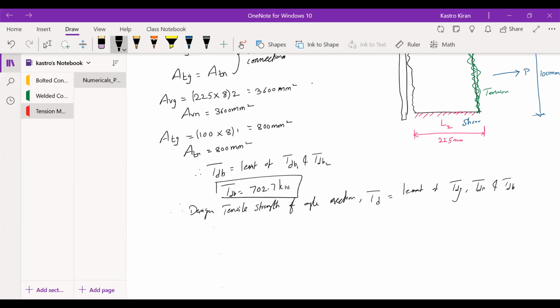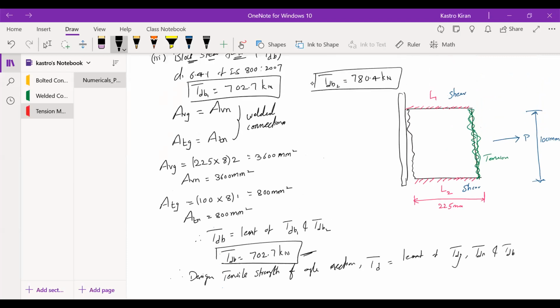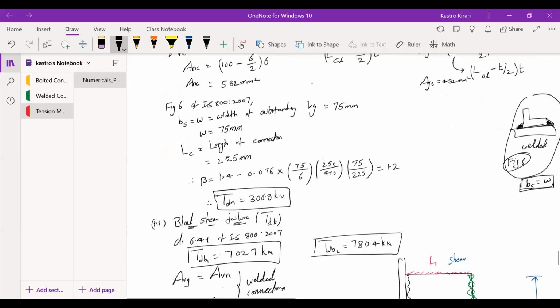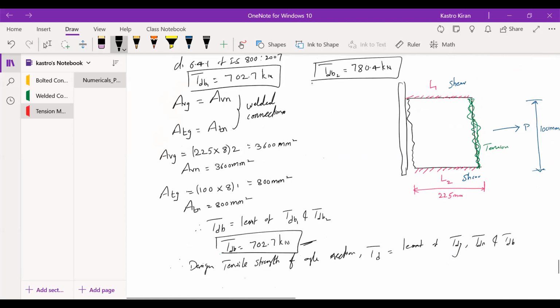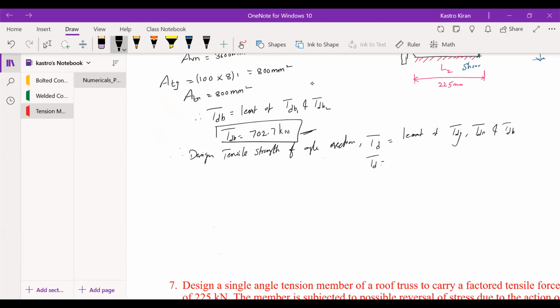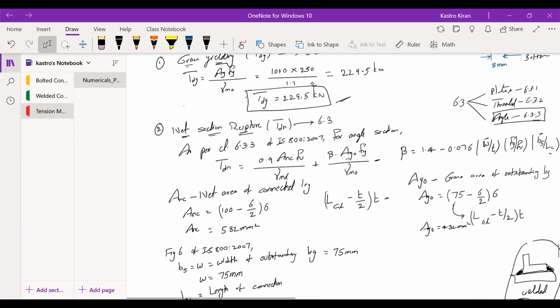If you refer, the values are 702.7 as one value, 306.3 as another value, and 229.5 as another value. So therefore, the TD value will be 229.5 kilonewtons. That's how the design strength of the tension member is obtained. So this is the first case, which I was telling about in the beginning of the class.